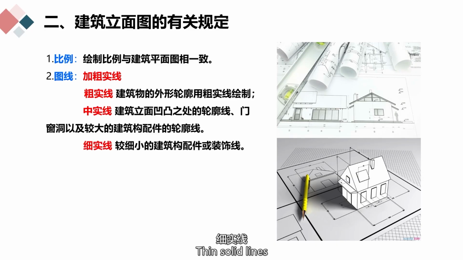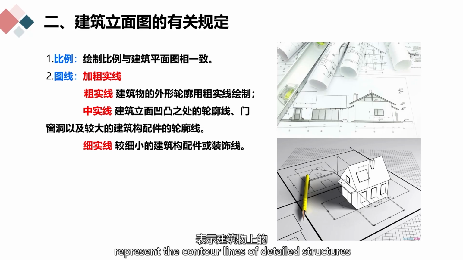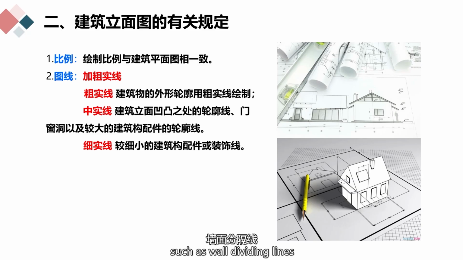Thin solid lines represent the contour lines of detailed structures, such as wall dividing lines, window and door grids, rainwater pipes, and leader lines on the building, with a width of 0.25 b.